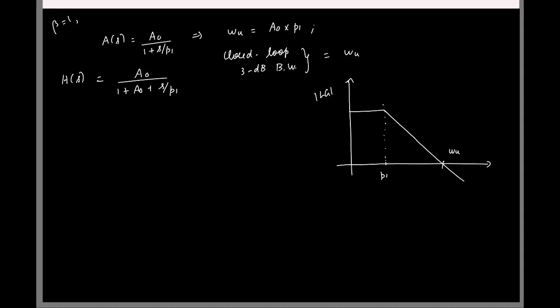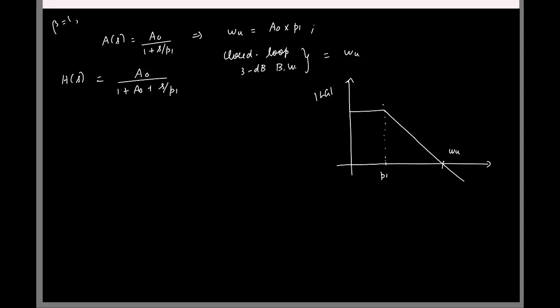Now if I were to plot the closed loop frequency response, how will it look? This is the closed loop frequency response. At DC or at very low frequencies, what is the value? What is the nominal value of A0? What do you want it to be? Very large.